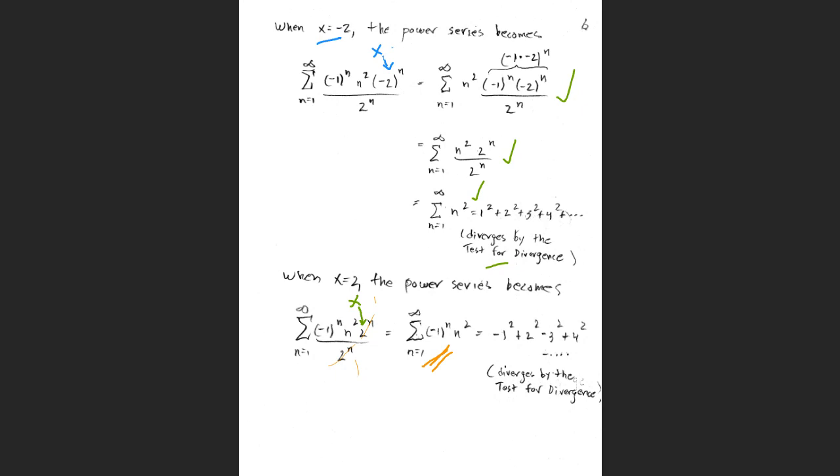Professor, I have a question. Yes, Nia. In the first step, we had a -2 to the power n, but the one after it, we have a 2. How did we lose the negative sign? Oh, up here for the first one? Yeah. Well, the -1 to the nth power times -2 to the nth power is just -1 times 2 raised to the nth power.